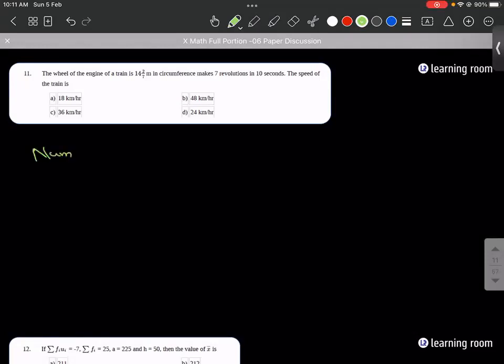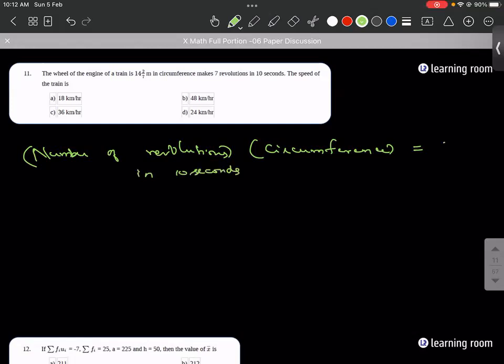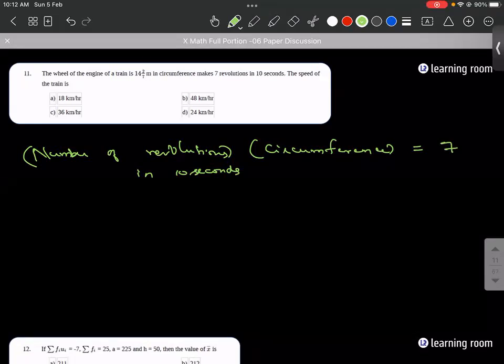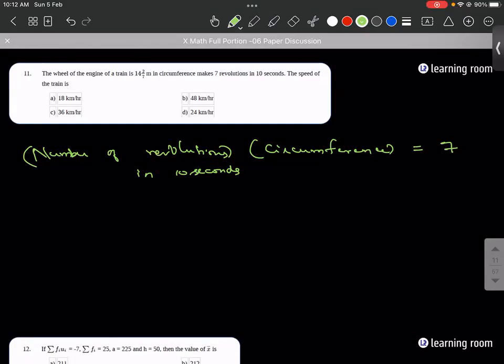So can I write number of revolutions into circumference is equal to distance? Number of revolutions in 10 seconds into circumference is equal to... can I write it like this?